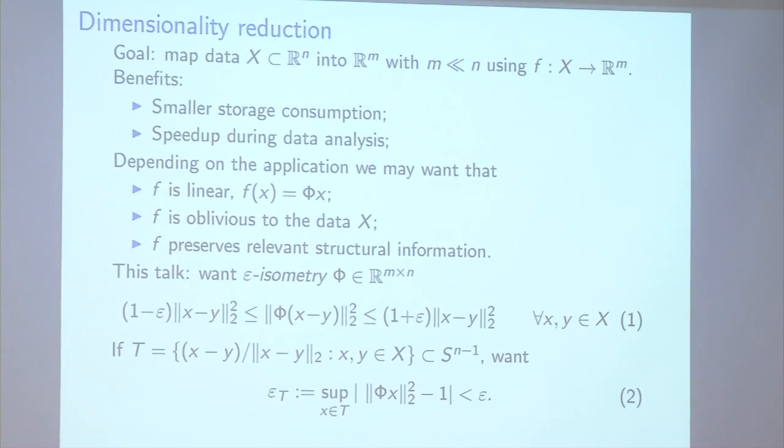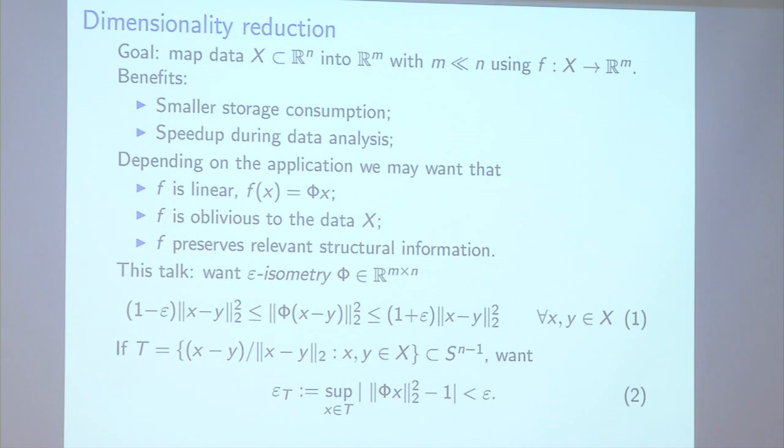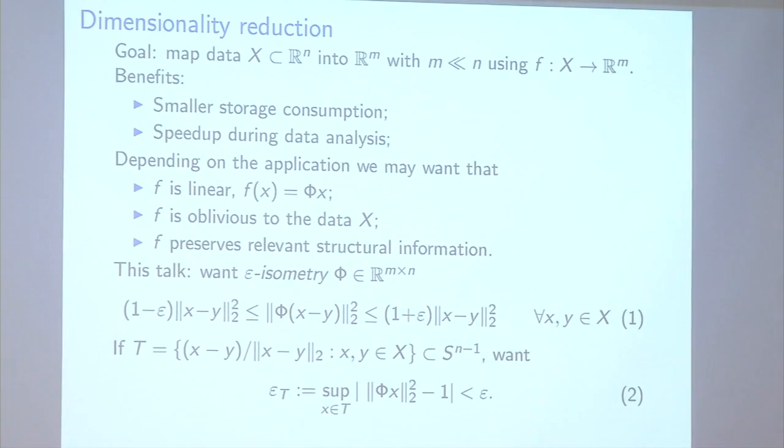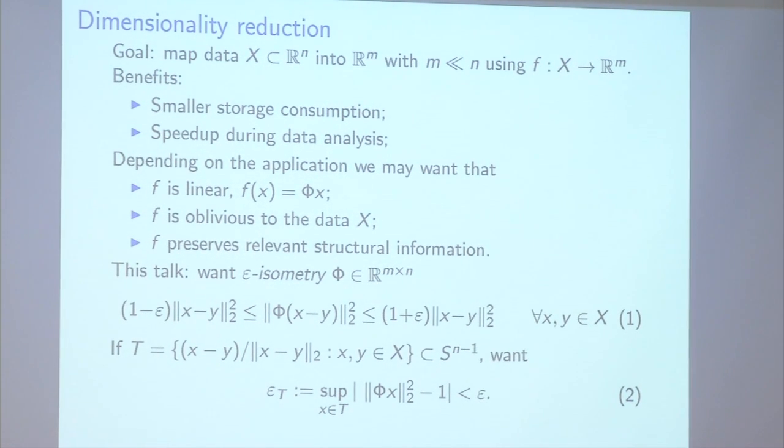So this means that we preserve interpoint distances of the data vectors in my set up to some multiplicative error epsilon. Okay? And you can think of this as somehow saying that I want to preserve the Euclidean structure of my data set. Okay? And this is relevant for many, many applications.